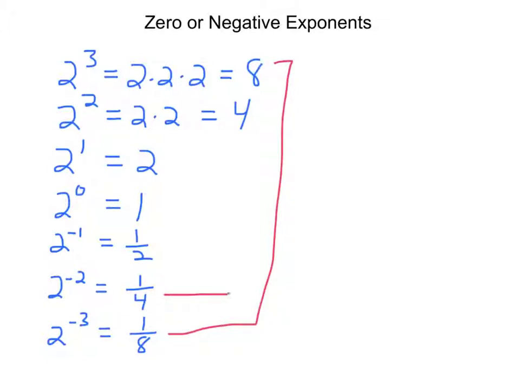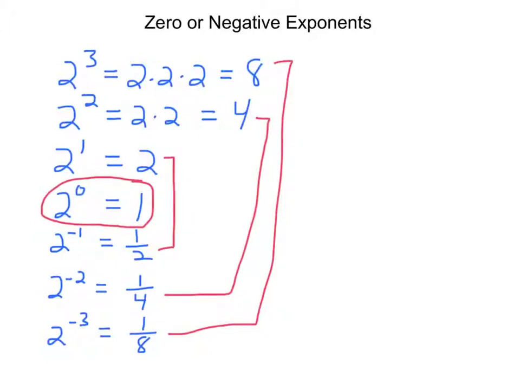Those are also reciprocals. The other pair of reciprocals would be 2 to the first and 2 to the negative first. One of the answers is 2 and the other is 1/2, so they're reciprocals. And this zero exponent, in a sense, lies right in the middle of this chart and equals 1.